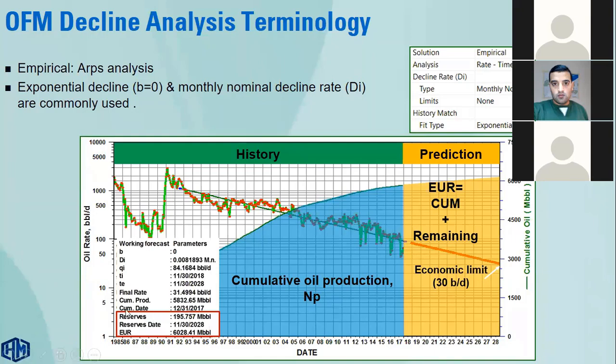At this point, in 2017, we have the final rate, this value, and cumulative production, while the estimated reserve of this value at 2028, and finally the EUR, or estimated ultimate recovery, which is the cumulative production plus the remaining reserve.